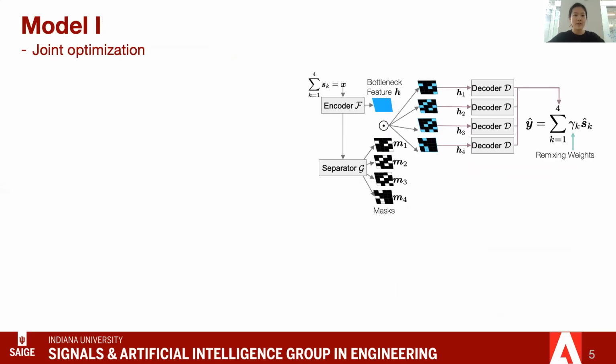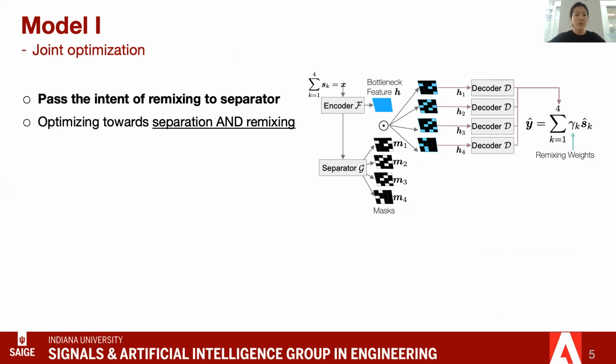We have talked about the artifact and interference trade-off contained in the baseline model. Now we have two solutions in this paper. The basic idea behind them is to let the separation model be aware of the intent of remixing. Model 1 does that by jointly optimizing the separation model, not only toward the objective of separation, but also the objective of remixing.